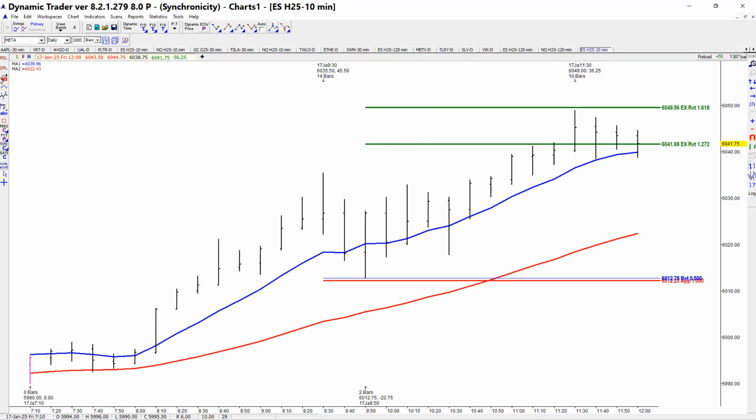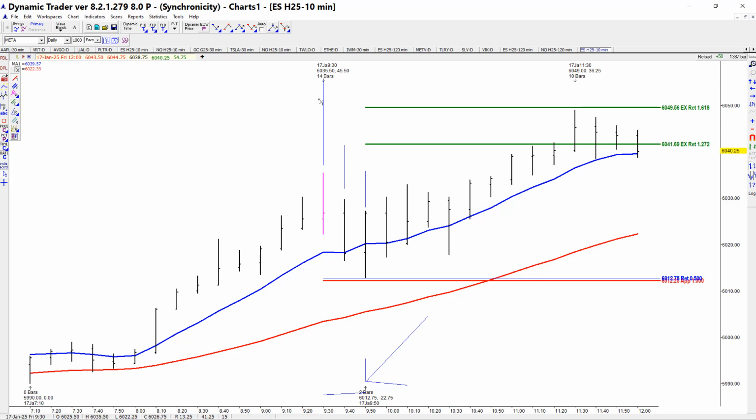That is that black box that you see at the bottom. It is showing you the date, time. Okay, now where it says 2 bars right there, it's saying that from the high of the 17th of January at 9:30 a.m. until we got to that low, the first bar counts as a 0.